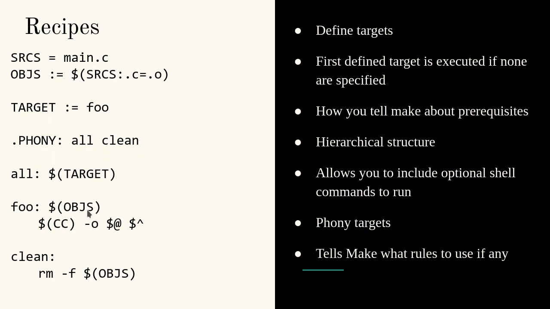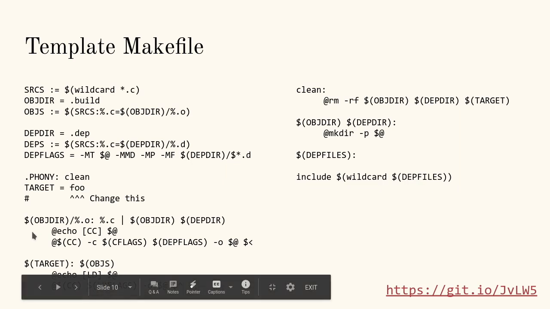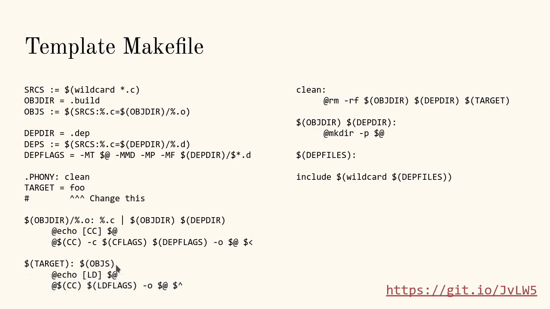So it's just like objects here. Objects in this case is only going to be main.o because we're essentially doing a find and replace. But if we look at sources here, we're loading all of the C files in the directory with the wildcard function, and then find-replacing and putting it in an object directory. In this case, objects is almost certainly going to be more than one file name, all space separated. So down here at the bottom, if we look at target and all of the objects as our prerequisites, this is going to be foo followed by a list of files whose names are separated by a space.